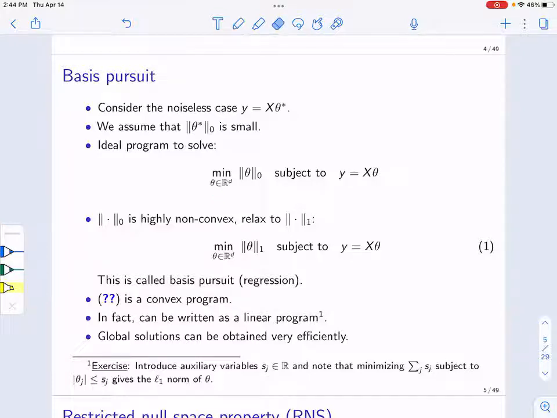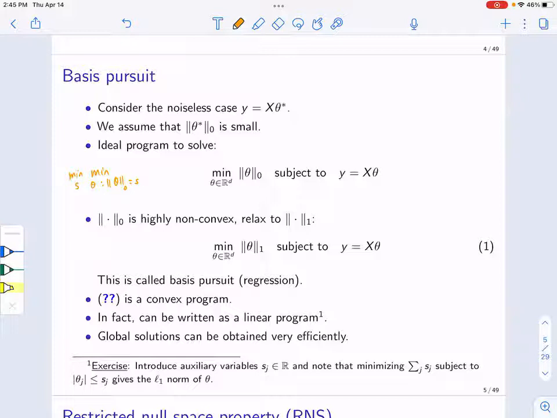What I can do is minimize first over all the thetas such that the L0 norm of theta is equal to S, and then minimize over S.